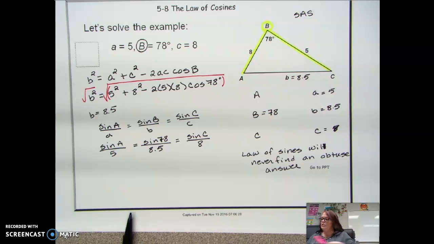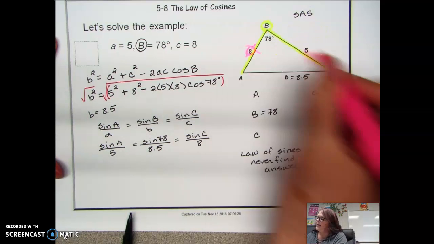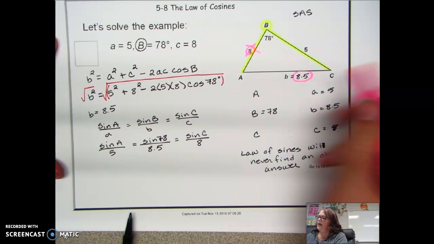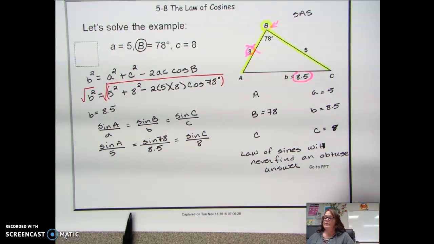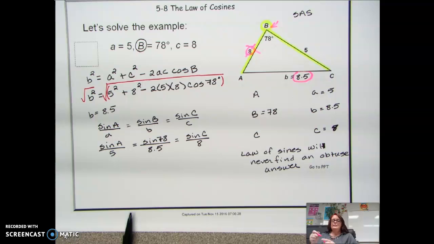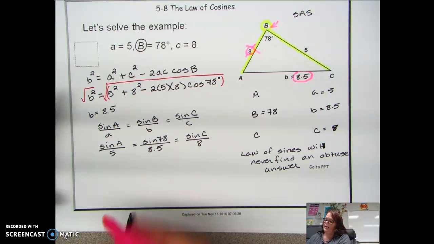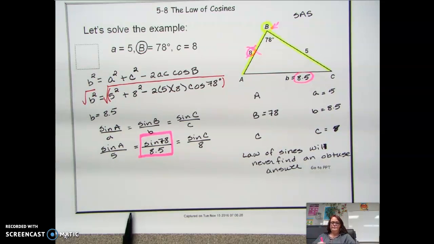In this case, do you see that 8 is the longest side? I take that back. 8.5 is the longest side, so I would not want to use the law of sines to find angle B. Luckily, we already know that it's acute, so we're done with that. So it doesn't matter if I choose to find A or C. Here, this is my anchor.